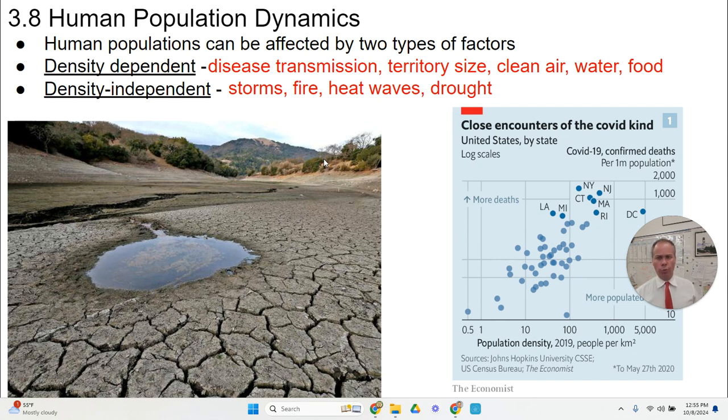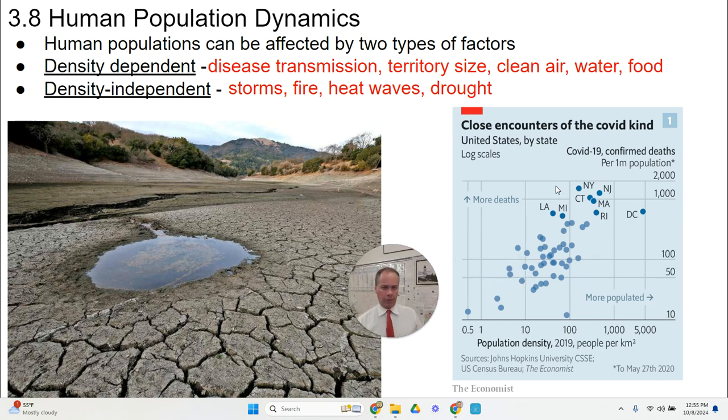Clean air, food, water, those factors are impacted by population density. And we can see here an example of that. This shows COVID deaths as related to population density. In areas where we had higher population densities, then we saw higher levels of death due to COVID.